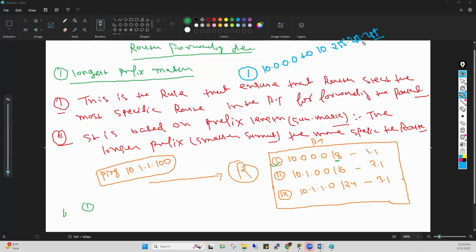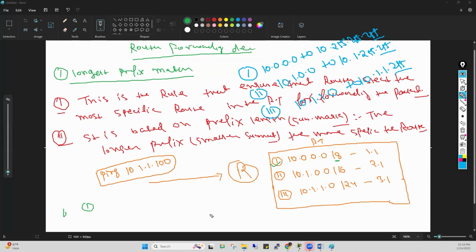This is the range of IP addresses covered by entry number 1. In entry number 2 you are covering 10.1.0.0 to 10.1.255.255. And according to the third entry, you are covering 10.1.1.0 to 10.1.1.255.